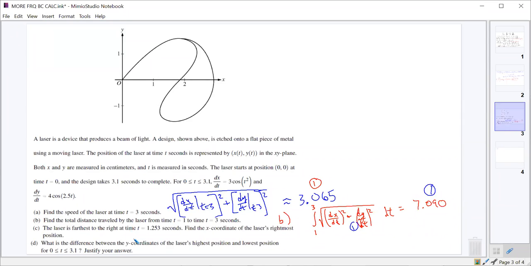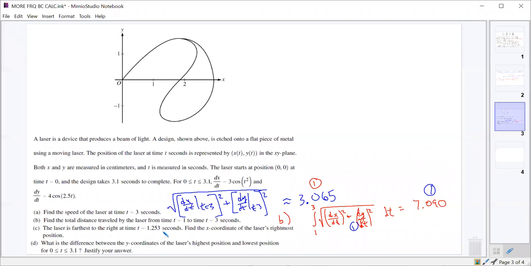All right, part C, the laser is farthest to the right at t equals 1.253. We want to find the x coordinate of that rightmost position. Well, that means that we're going to need to integrate just dx dt from 0 to 1.253.